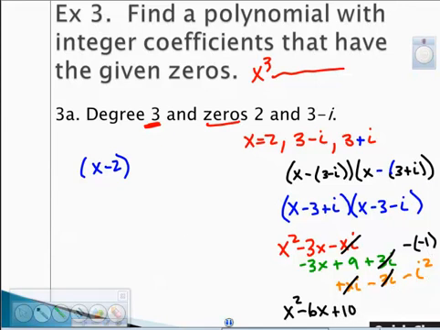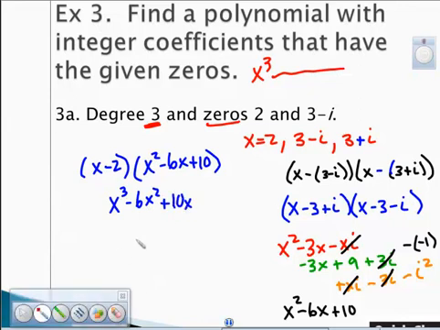So then to add this to the party, I'm going to have x squared minus 6x plus 10. Now I got to multiply this by x minus 2. x times each of these is just going to add another x. So I have x cubed minus 6x squared plus 10x.